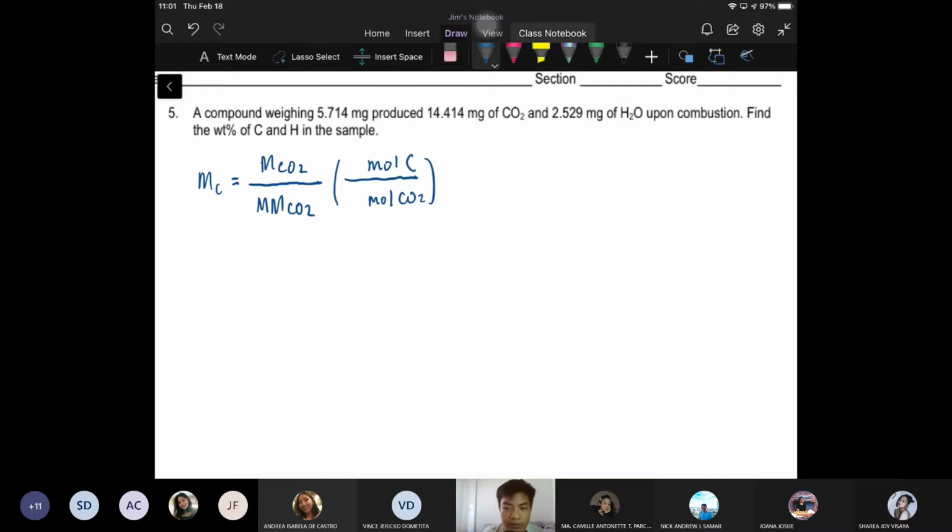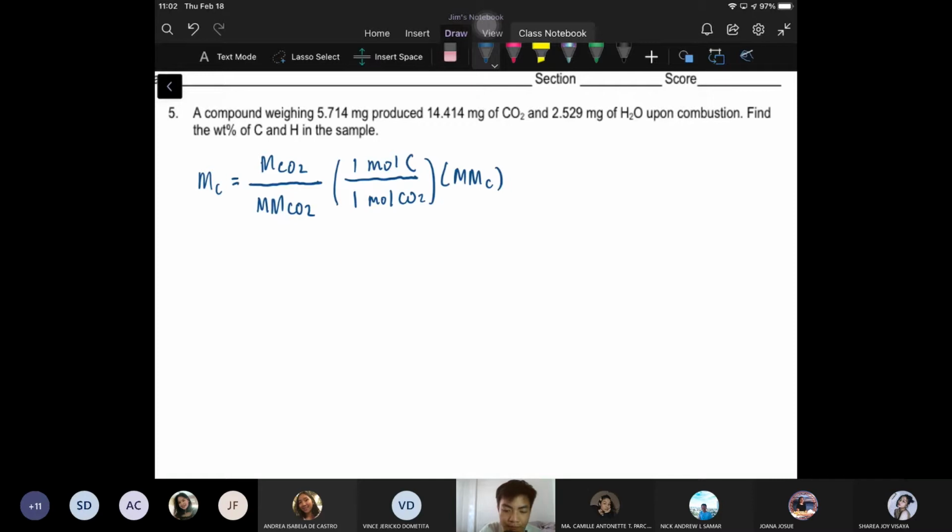Tig-isa lang yan, kasi isa lang yung carbon sa CO2. That means for one mole of CO2, you have 1 mole of carbon. Okay, so 1 yung coefficients nila. At this point sa equation na to, you have the moles of carbon. Since gusto natin ay mass ng carbon, you multiply it by its molar mass.